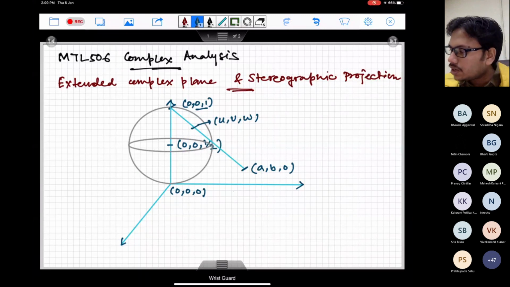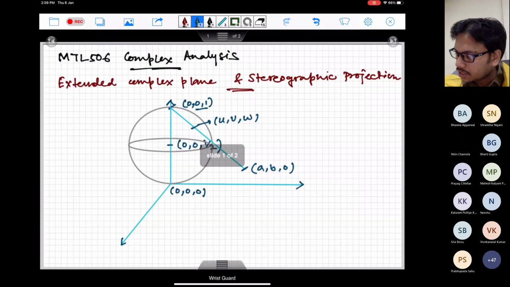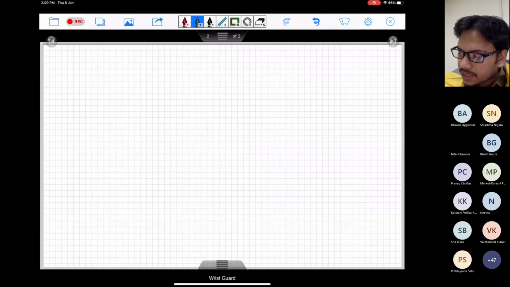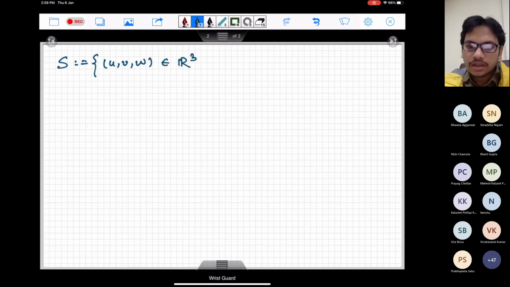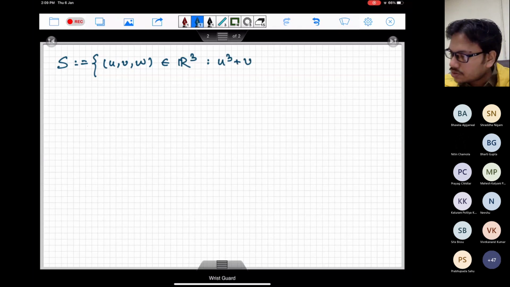To start with, let me first denote this sphere by S. So the sphere S is the set of all points (u, v, w) in R3 such that u squared plus v squared plus (w minus 1/2) squared is equal to 1/4.